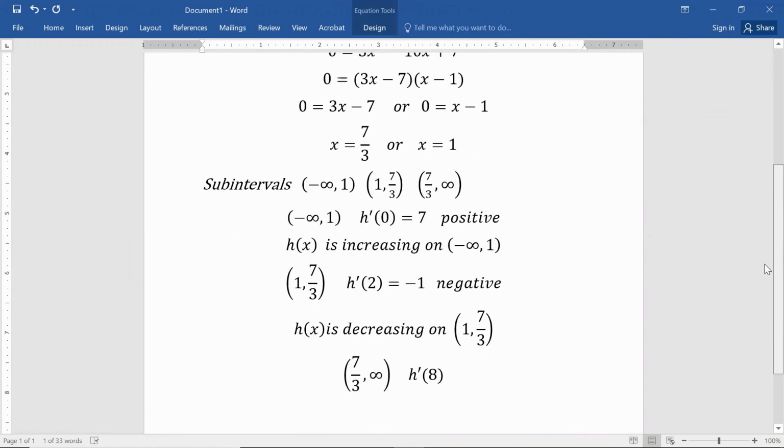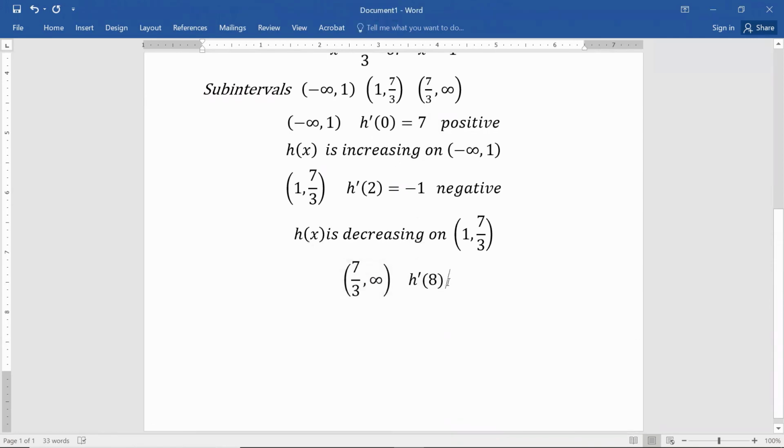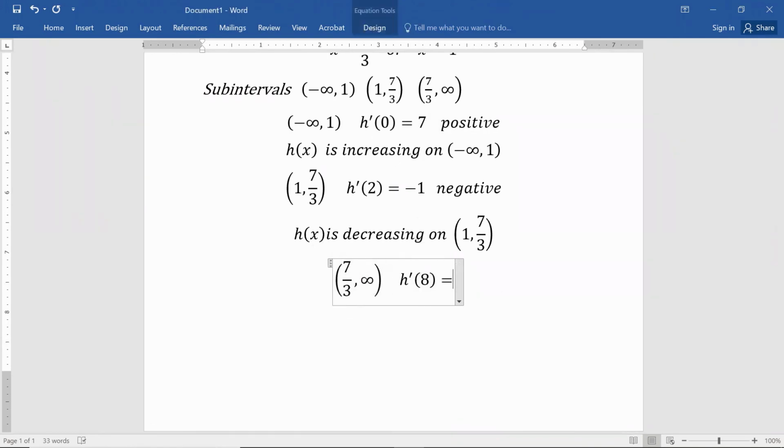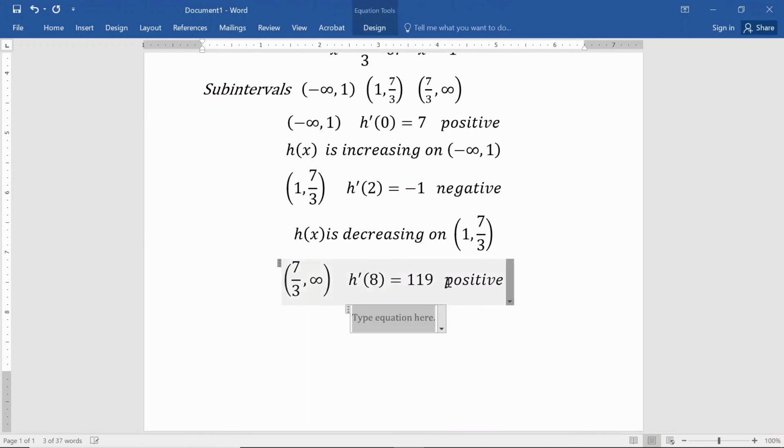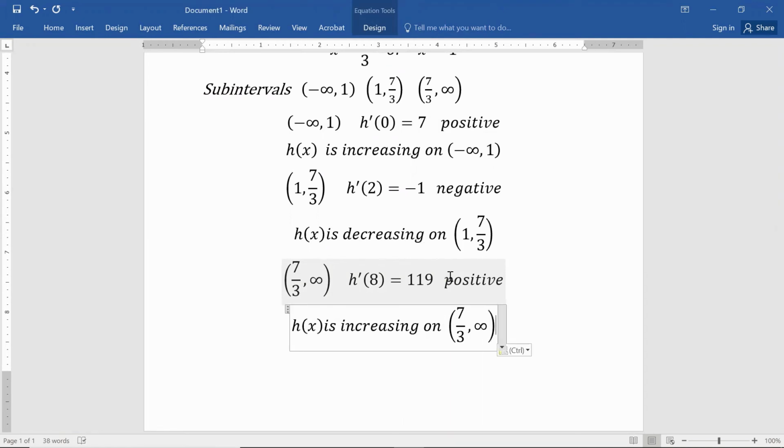When I did that, I ended up with 119, which is positive. And that means my original function, h of x, is increasing on the interval from 7/3 to positive infinity.